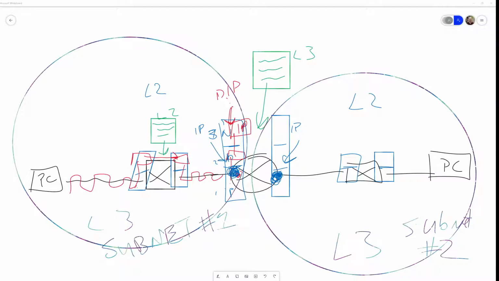With these two subnets directly connected to this router, you will now, in your routing table, in the routing information base, otherwise known as a routing table, you will have two subnets, subnet number 1 and subnet number 2. We're going to get into more specifics about what subnets look like. And so in this routing table, you'll have those two subnets.